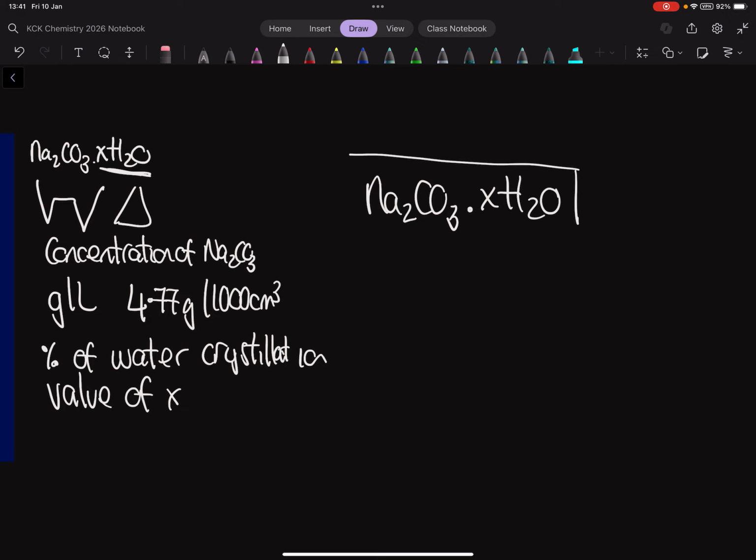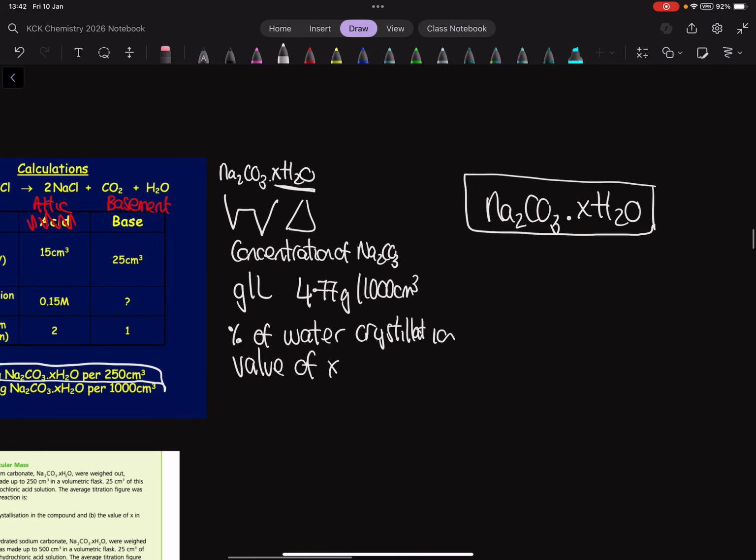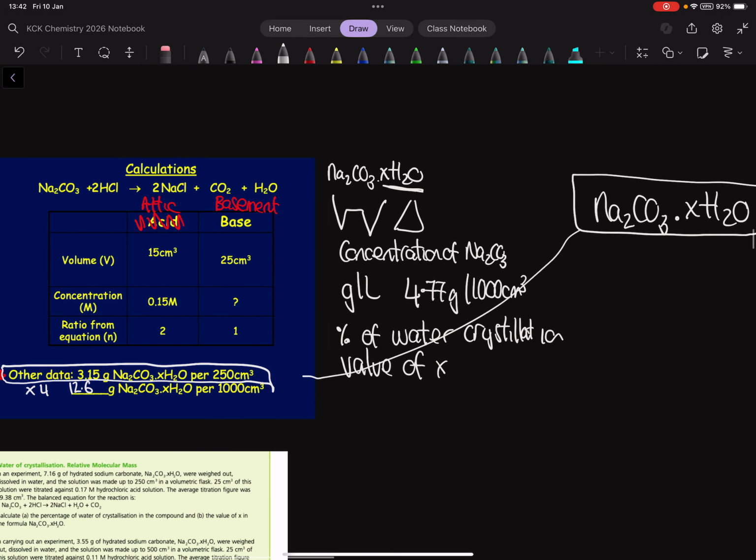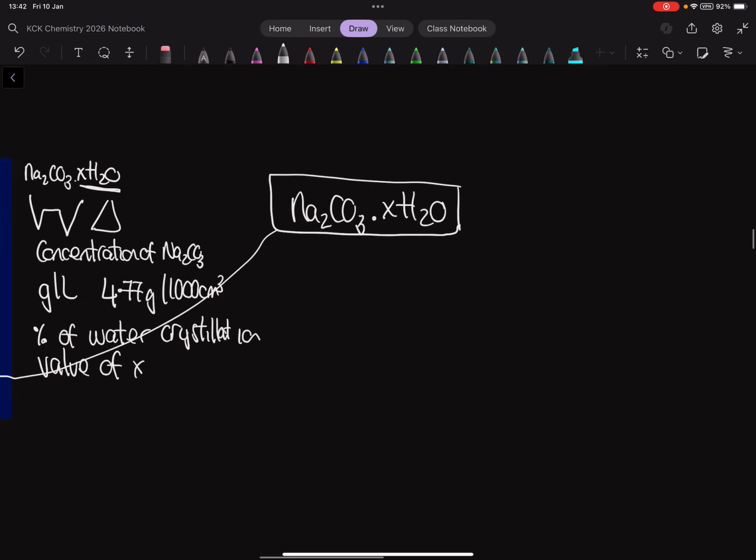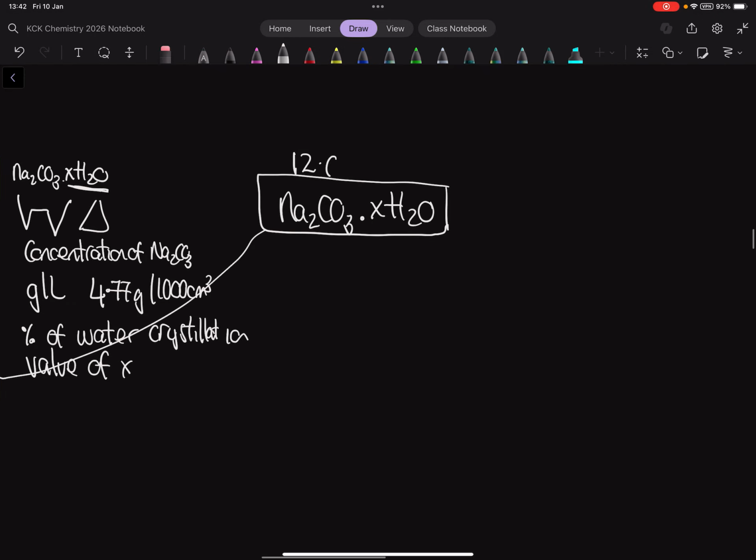So the first thing I do is write out my formula and put a big box around it, and that big box is this extra info down here. That big box is telling me I have 12.6 grams in 1,000 centimetres cubed of the whole thing. For the Na2CO3, this is our titration value.